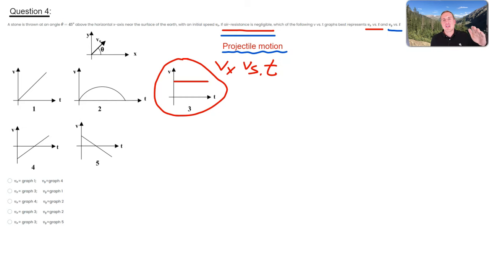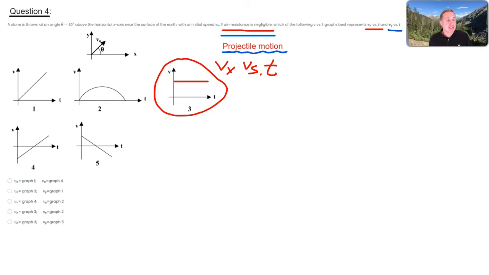But when the stone reaches its maximal height, the y velocity is 0. And then when the stone comes down, the y velocity is becoming negative. Another way to say this is it goes up, then it stops going up, and then it comes down. So it's positive vertical velocity, then 0 vertical velocity, then negative vertical velocity.